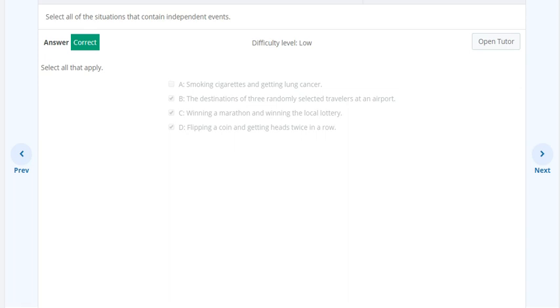Now, this one is a reading one where you're asked to pick out independent events. So, smoking cigarettes and getting lung cancer, are they independent of each other? No, they are connected, so we didn't choose that one.